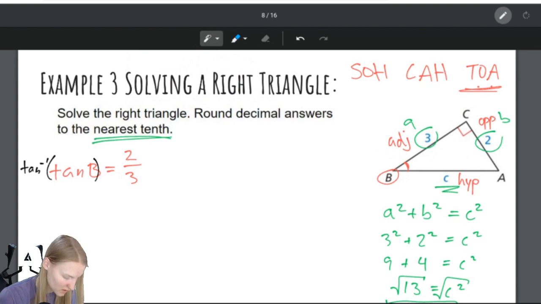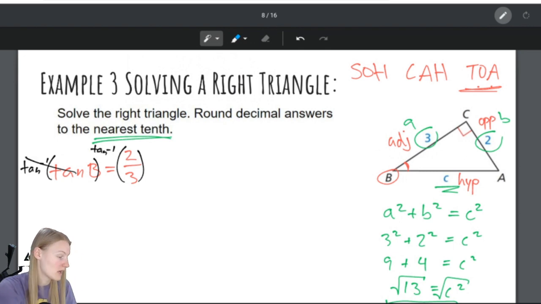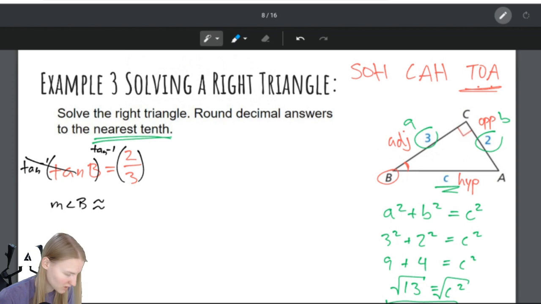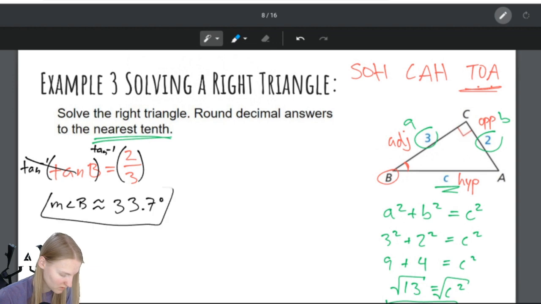To undo this, remember we are going to take the tangent inverse of both sides. And now, if I take tangent inverse of 2/3, I get that the measure of angle B is approximately 33.7 degrees.